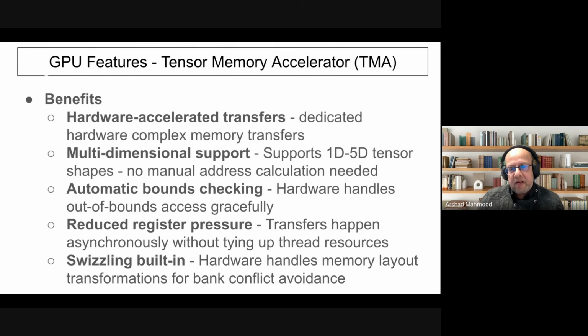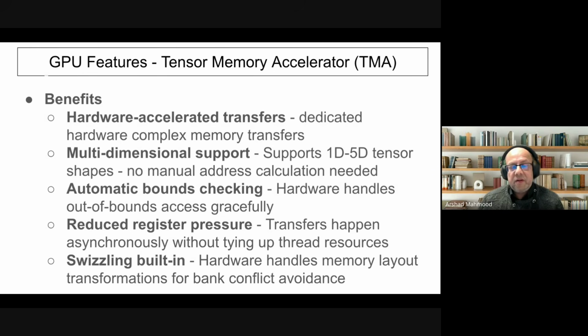In the old days, you had to do all these really weird memory calculations, particularly if your tensors are a bit more complicated. This supports up to 5D tensors. So all the manual address calculations, which took time and registers, are no longer needed because everything's done in hardware.